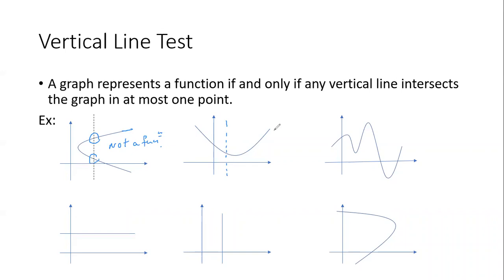It never intersects the graph more than one time. Always it intersects the graph just one time. Therefore, it is a function. How about this? Same thing. If you move a vertical line from left to right, it intersects just one point. Therefore, this is a function.